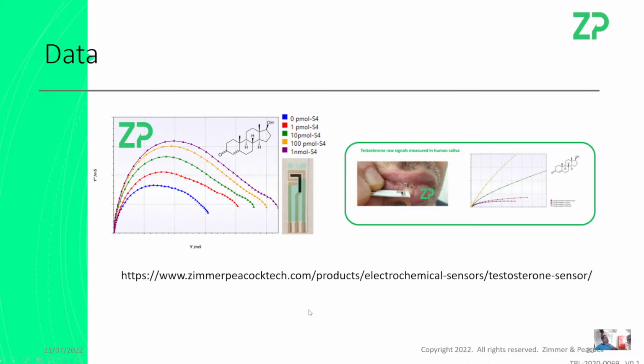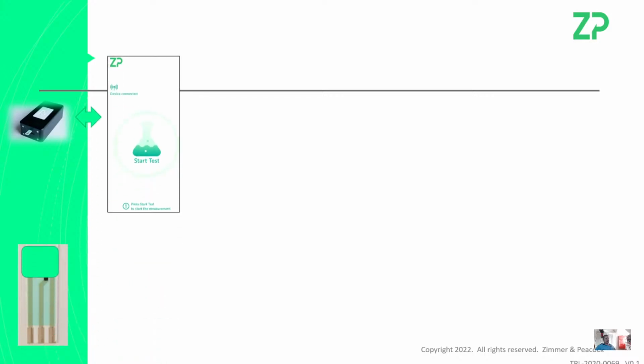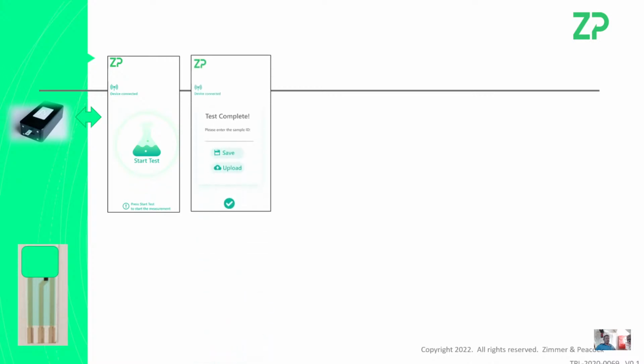The question also plays into the NO question. How do you run these sensors? Whether it's a testosterone sensor, the glucose sensor, the NO sensor, or the pH sensor, that will also come up later on, we have something that we call OmniSense. You put the sensor in the meter, you put the sample on the sensor, the meter talks to the app, the app runs the meter, the data goes back to the meter, and we upload the data to Julie.